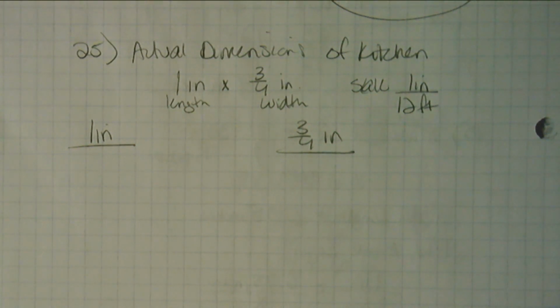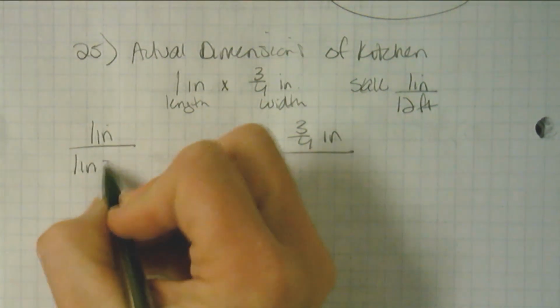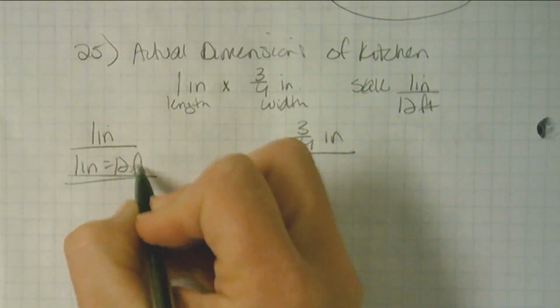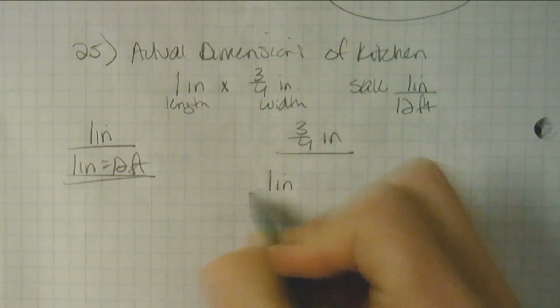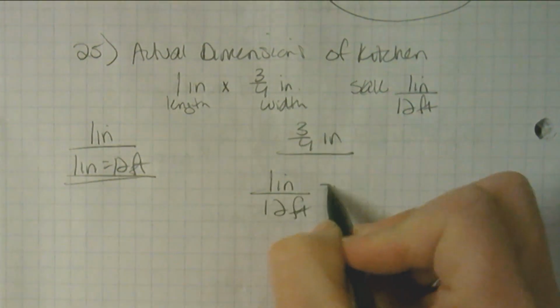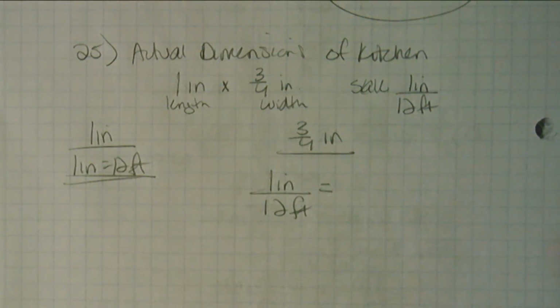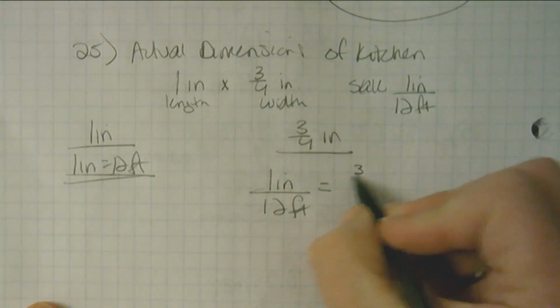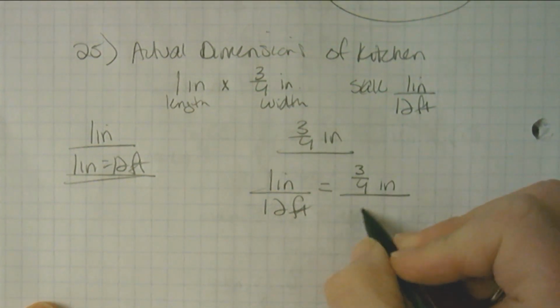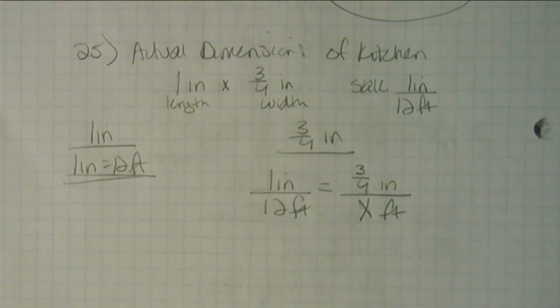You're checking number 25. Well, the nice thing is I already know that 1 inch equals 12 feet. So this one I don't even need to do anything for. This one I do. So I have 1 inch over 12 feet equals, I know my drawing measure is 3/4 of an inch, so I have 3/4 of an inch over x feet.